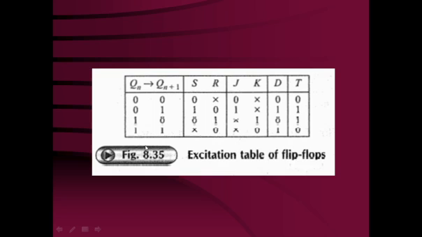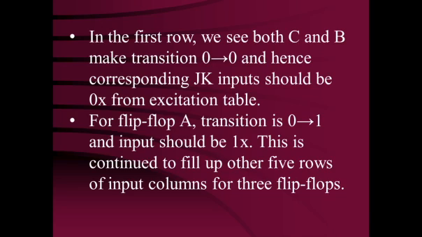So this is the excitation table of the JK flip-flop and all the things which we have already studied, which can be obtained from the state transition diagram. In the first row, we see that both C and B make a transition from 0 to 0, and hence the corresponding JK input should be 0x from the excitation table. So you can see here.